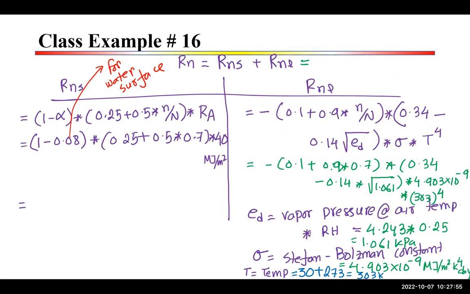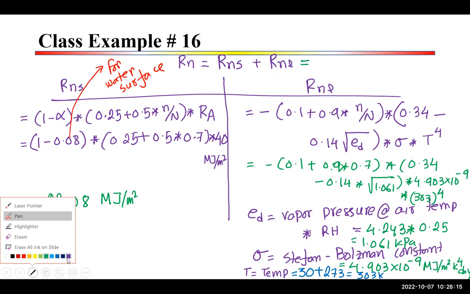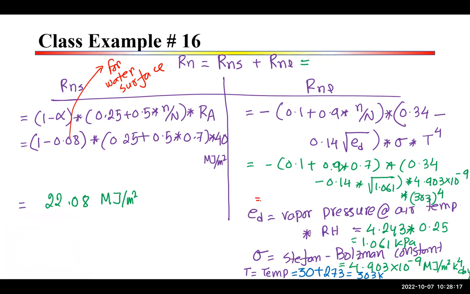Okay, for RNS, I think you should get 22.08 megajoule per meter square. You get that, all of you? And for the RNL, you should get negative 5.92.